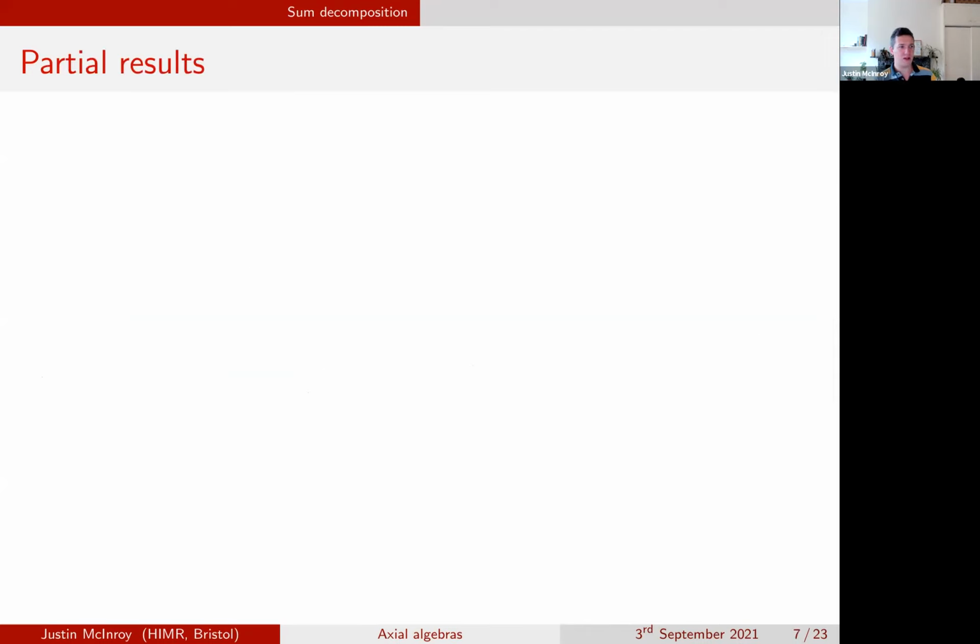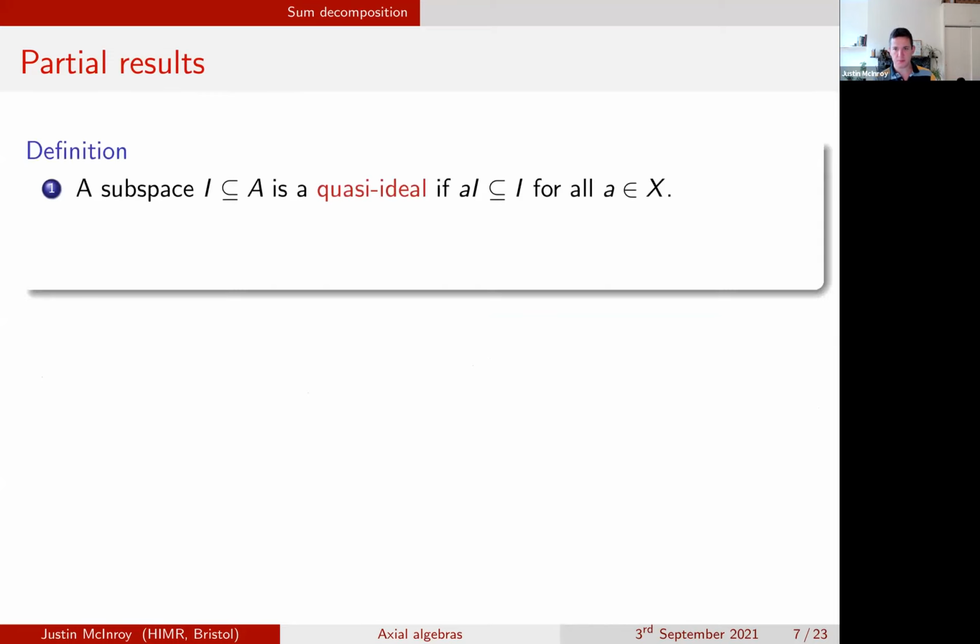So what about for the algebra? Well, for the algebra, it turns out it's a lot more difficult. And I need to define a new concept called a quasi-ideal. I'm going to say that some subspace of my algebra is a quasi-ideal if it's invariant under multiplication, not by all of the algebra, but just by the axes.